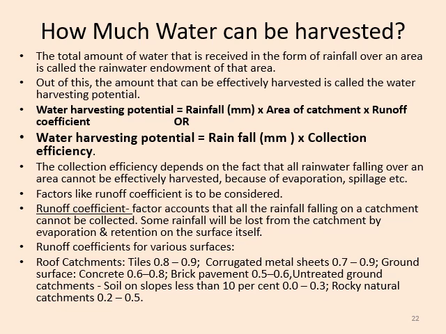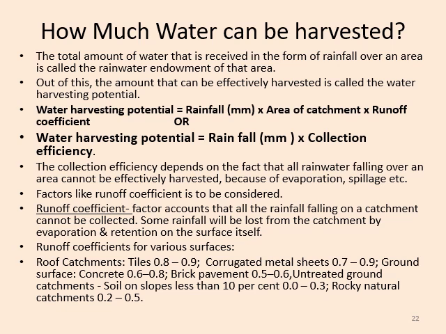Water harvesting potential equals rainfall in millimeters times the area of catchment times the runoff coefficient. Or water harvesting potential can be written as rainfall times collection efficiency.